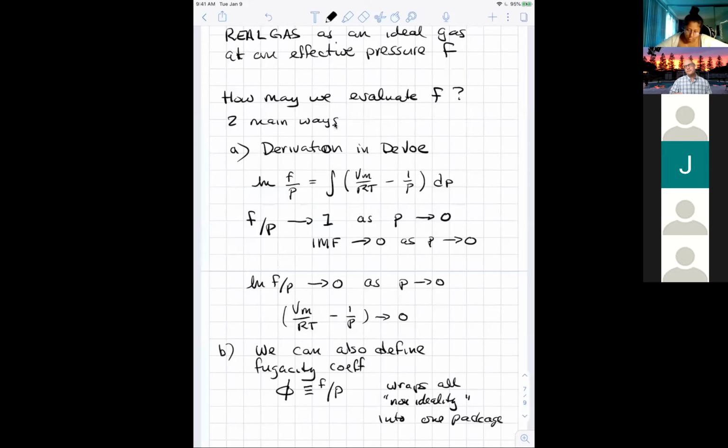right? In other words, if we use some reference gas or reference pressure, we may only know the deviation from that reference pressure. We might not know the absolute of one or the other. Or on the other hand, we may not have to know the absolute pressure if we use a reference pressure, right?